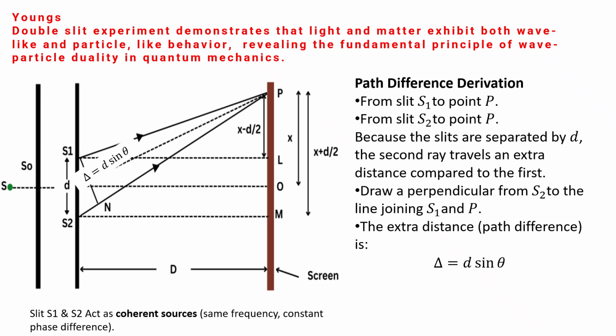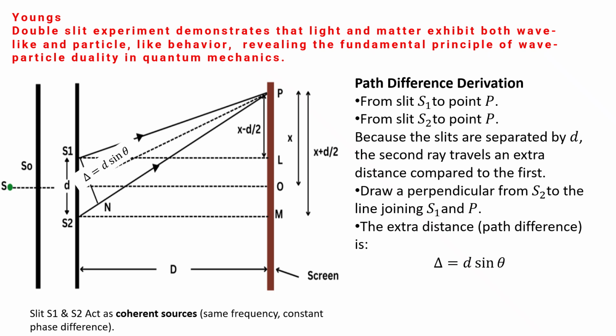Because of the slightly increased distance of slit 2 from point P, there is a path difference of the light. What would that path difference be?